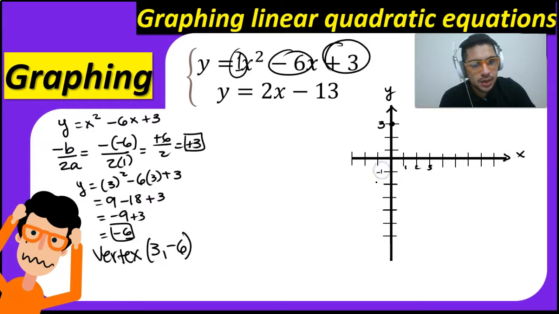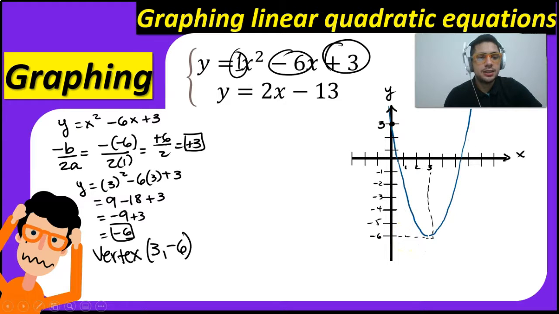So minus 1, minus 2, minus 3, minus 4, minus 5, and minus 6. So it's going to be around here. And you're gonna draw your parabola. That's the first thing you have to do, right? So once you graph it, you're gonna see the 2 points of your parabola.